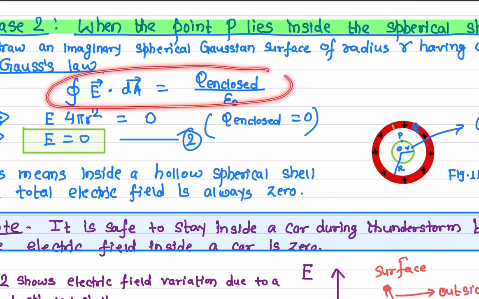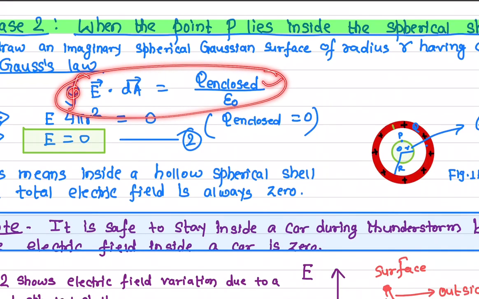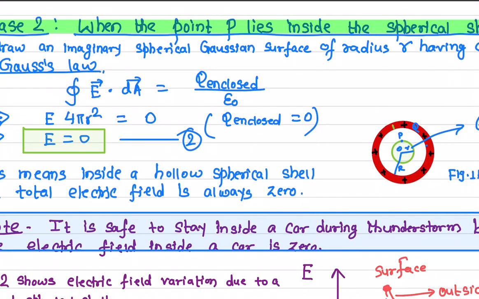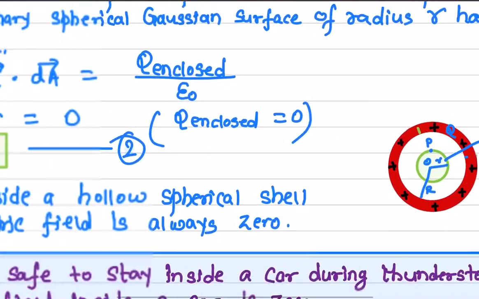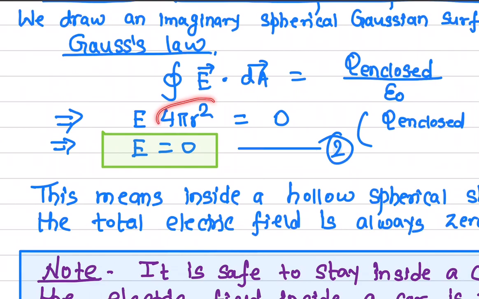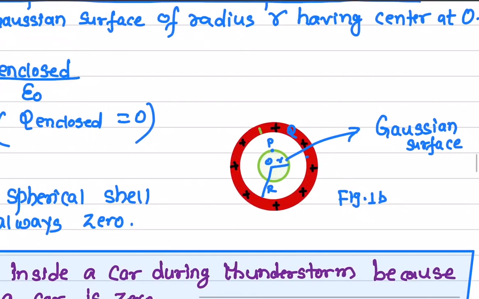So what does the Gauss law tell you? The total flux is given by Q enclosed over epsilon naught. And again, by symmetry, the electric field will be constant at any point, and 4 pi r square is the surface area of the Gaussian surface.